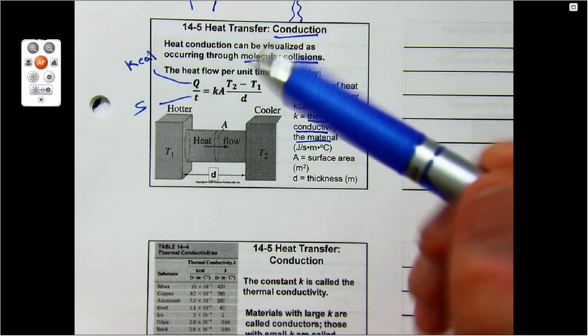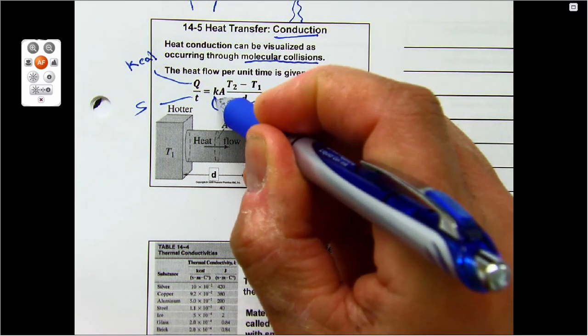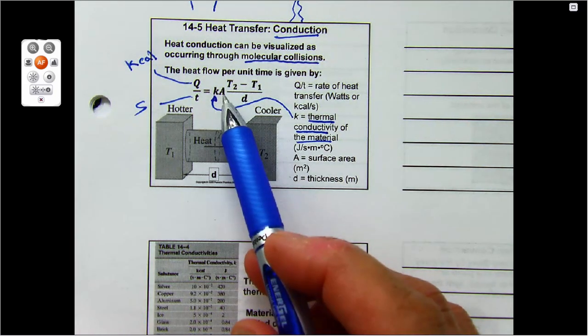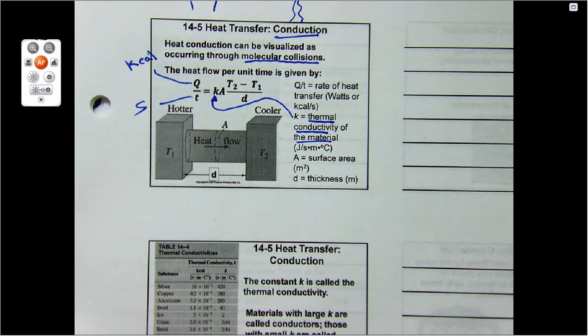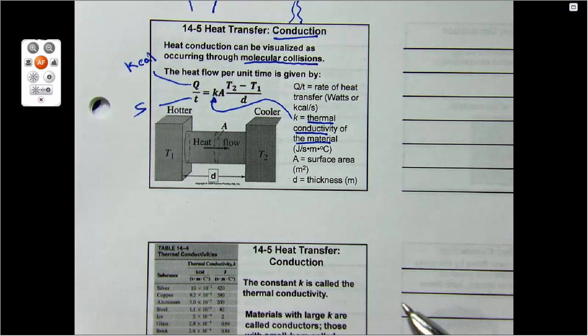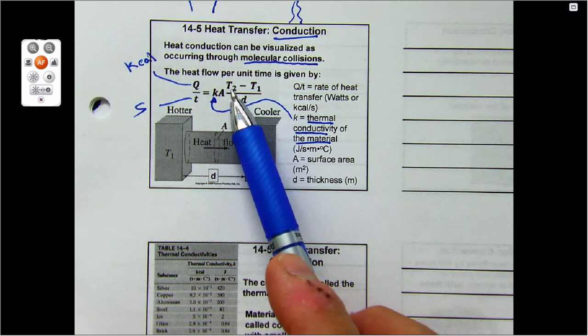Then K is our constant here. Then it would make sense to have our surface area. D is the thickness of our material. And temperature change.